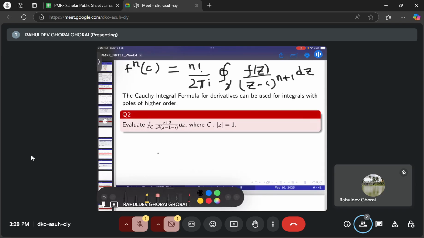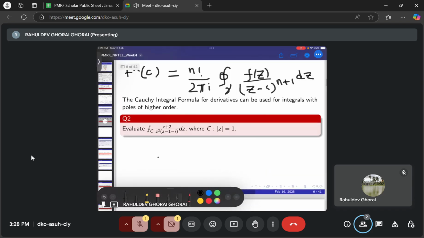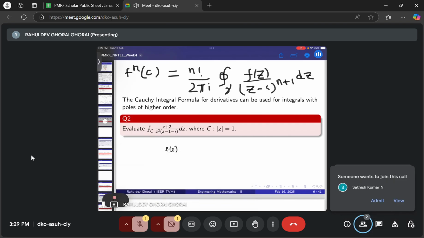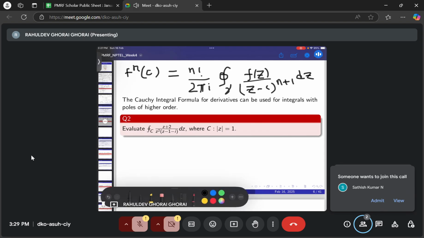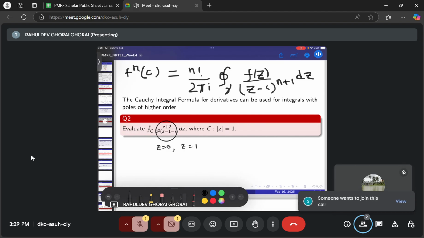So what we have here is, f has to be analytic on the region. First, if you find the singularities of this function, they will be z equal to 0 and z equal to 1 plus i.